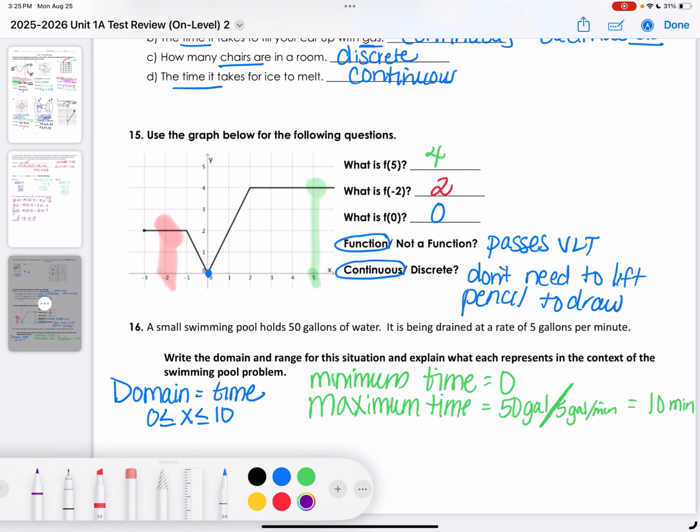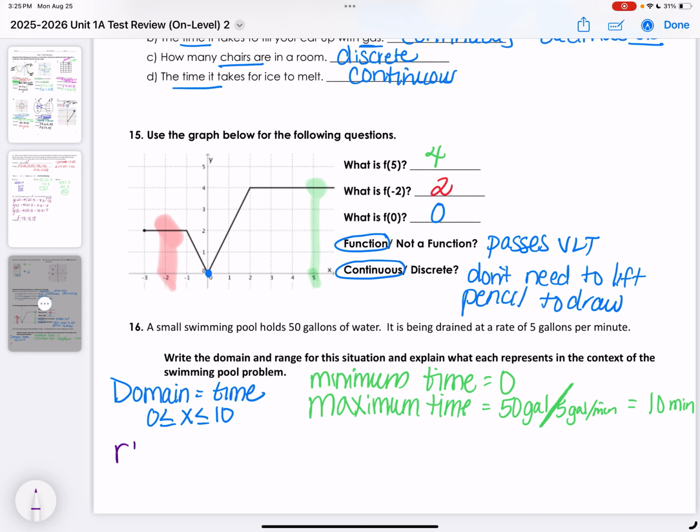Our range is our output, which is the amount of water. And we already know over here the most amount it could hold is 50. And obviously if there's no water, there would be 0. You can't have negative water, so that kind of gets in the way.